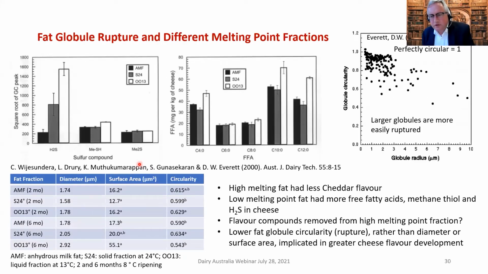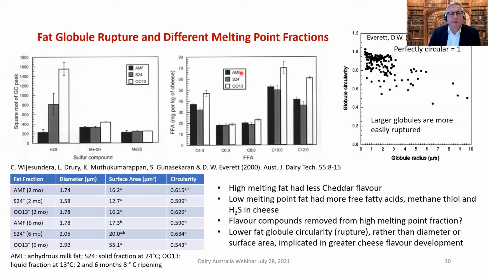Some work that we did 20 years ago, people here might know Chakra Wijesundara. I don't know whether he's still working, I think he's retired from CSIRO. Les Drury, and then these two people here were collaborators of mine from University of Wisconsin in the US. And we looked at two things.